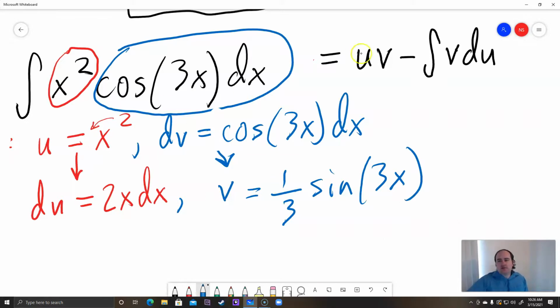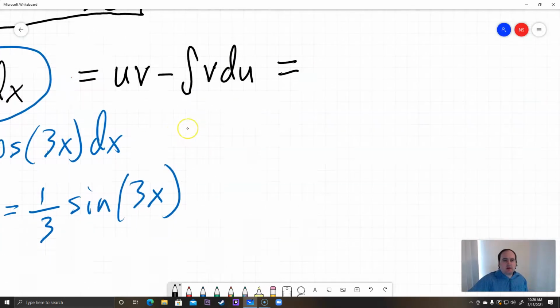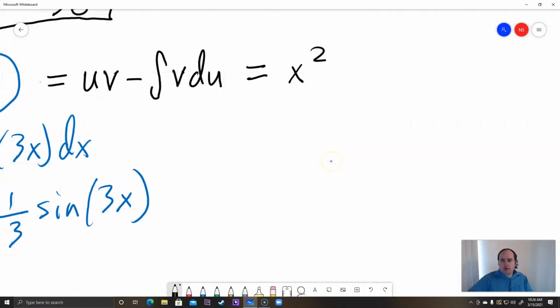Okay, so the formula is uv. In this problem, we said u was x squared. And then we just said v is 1/3 sine of 3x. So we have times 1/3 sine of 3x.